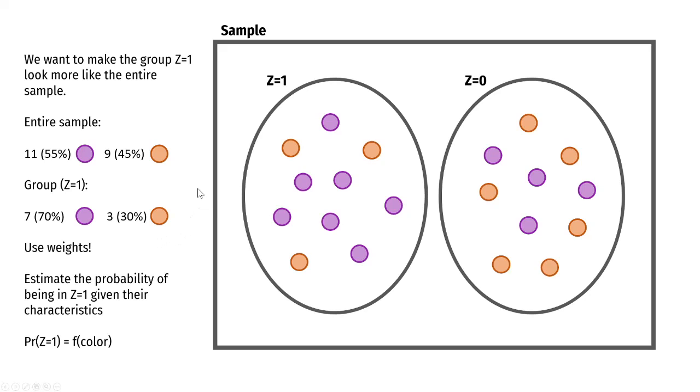So what can we do about it? We can actually use weights for this. So we're going to estimate the probability of being in z equals 1, meaning the probability of being a respondent, based on their characteristics, meaning their color, okay? So I'm going to fit a function of the probability of z equals 1 as a function of their characteristics. In this case, we only have one characteristic, color.